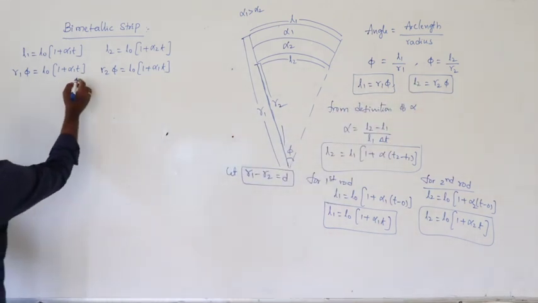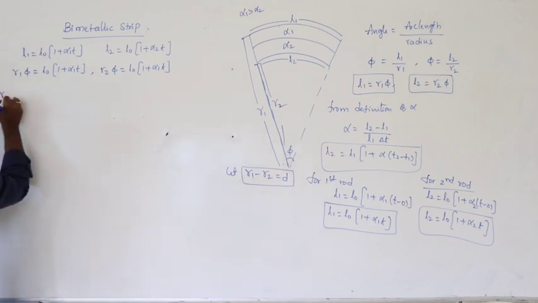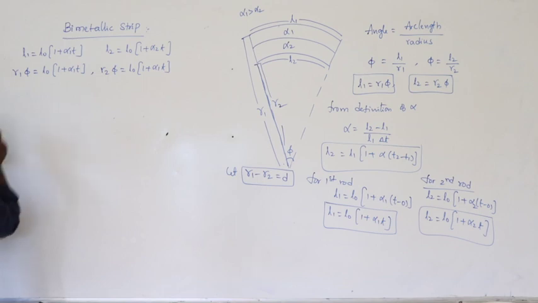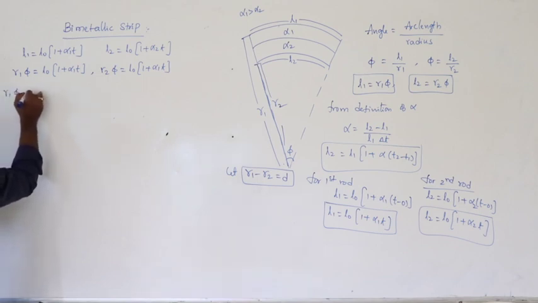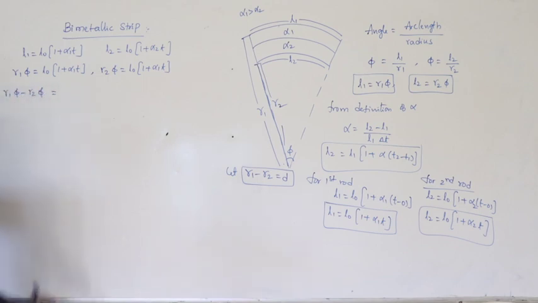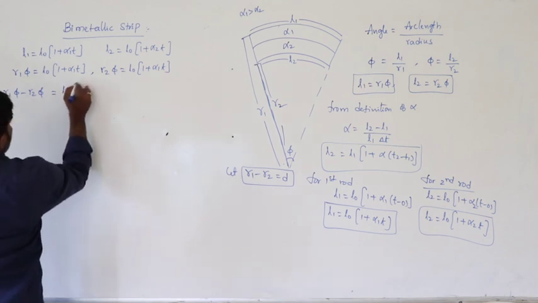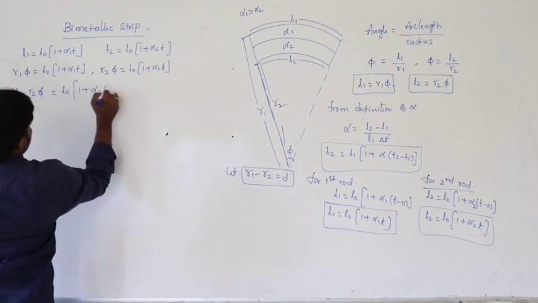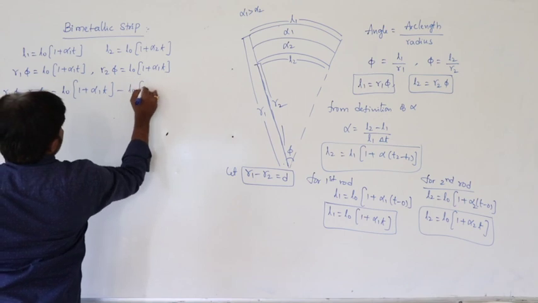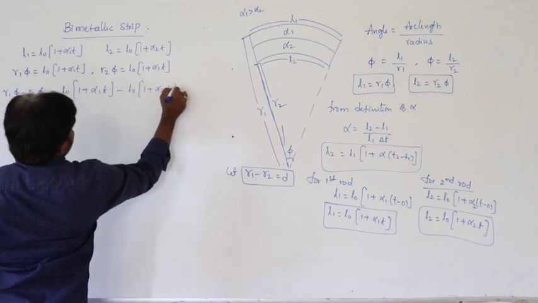But from this definition, L1 equals R1 phi, L2 equals R2 phi. So, I am writing R1 phi minus R2 phi, that is L naught into 1 plus alpha 1 t minus L naught into 1 plus alpha 2 t.